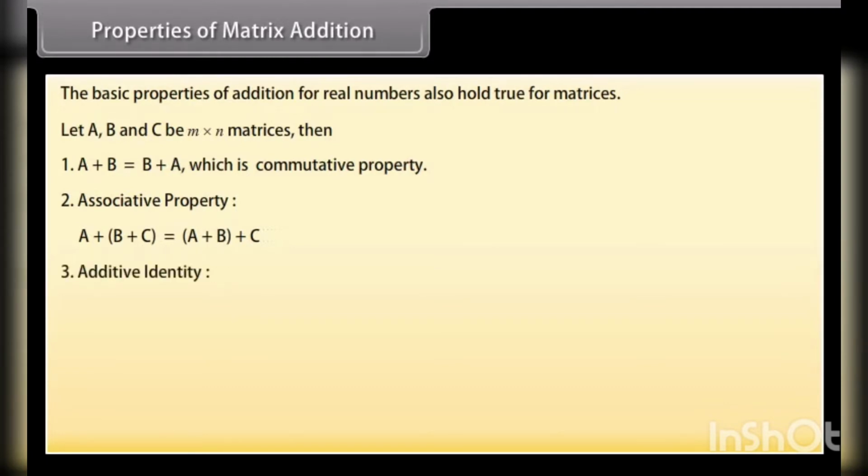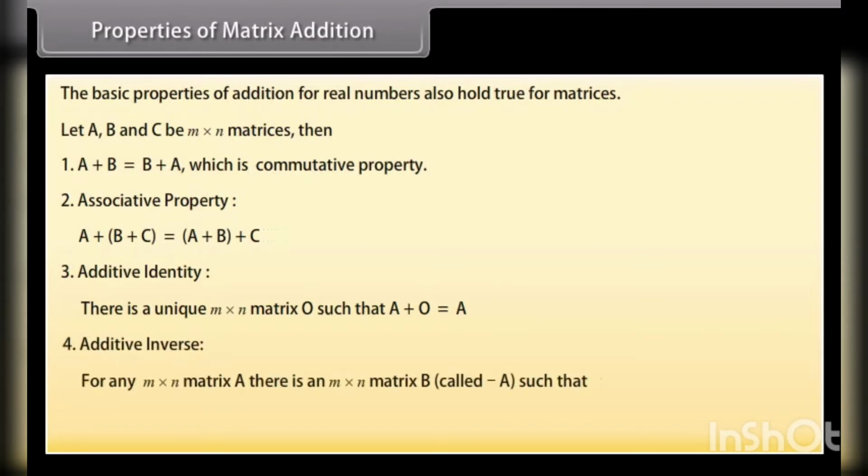Additive identity: there is a unique m by n matrix O such that A plus O is equal to A. Additive inverse: for any m by n matrix A, there is an m by n matrix B called minus A such that A plus B is equal to 0.